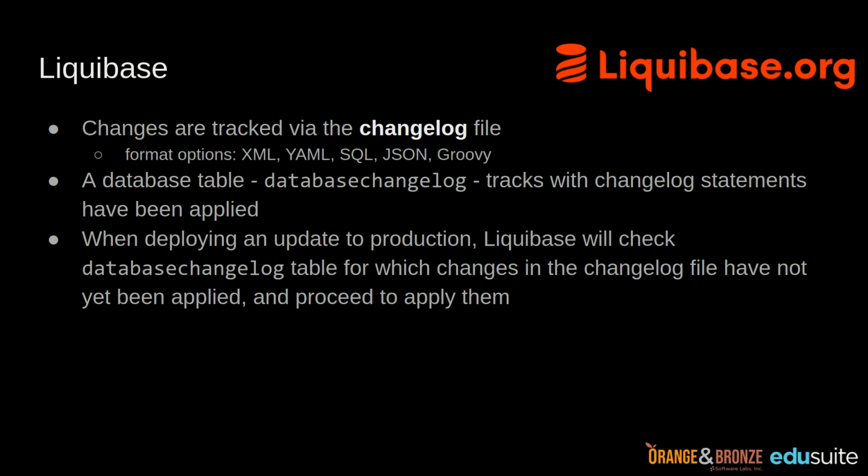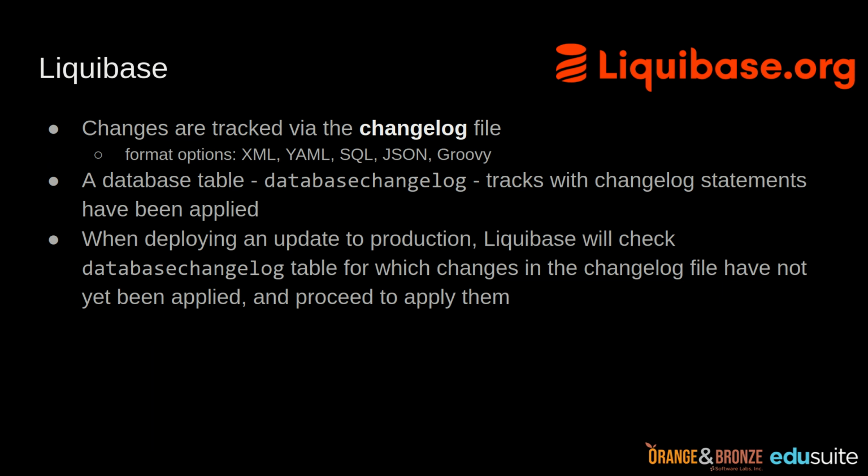So you have your change log, and in your database, you have a database table called database change log. The change log holds the steps you've taken to evolve your database, and the table in the database records which of those steps have been applied to that database.